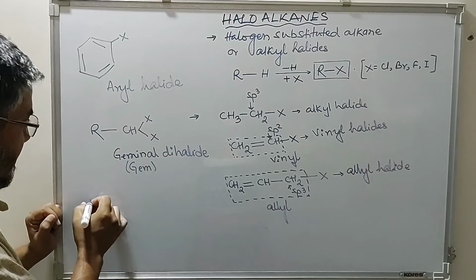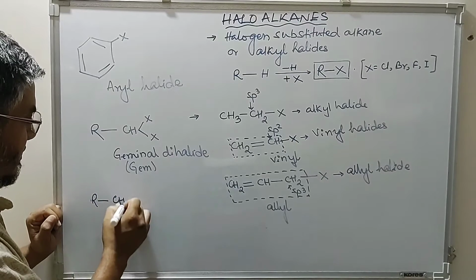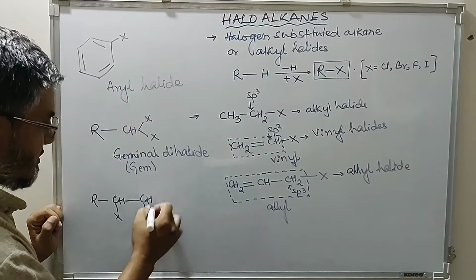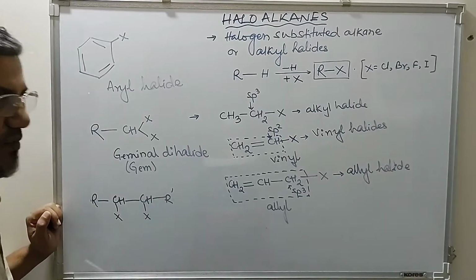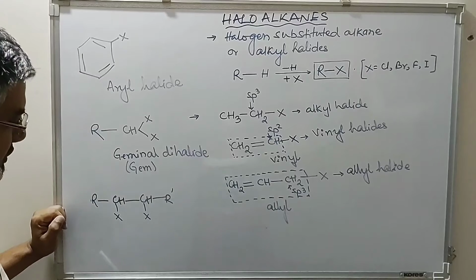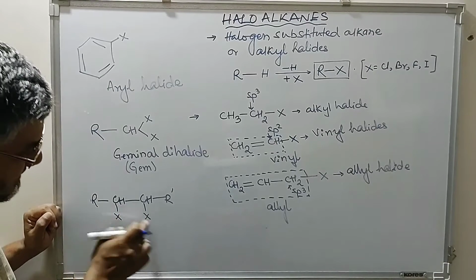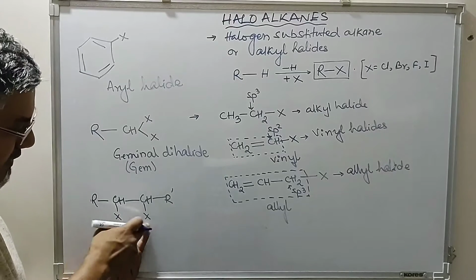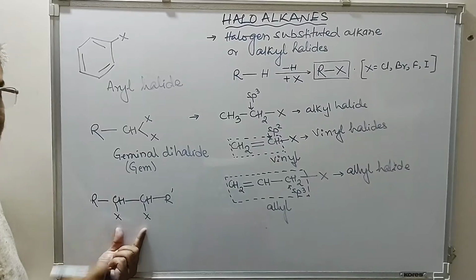We may also have this type, look at this, RCHX CHXR. These are two alkyl groups. They may be the same or different. But look at this, the halogens are present on adjacent carbon atoms. We have two halogens attached to two different carbon atoms, but these carbon atoms are adjacent.